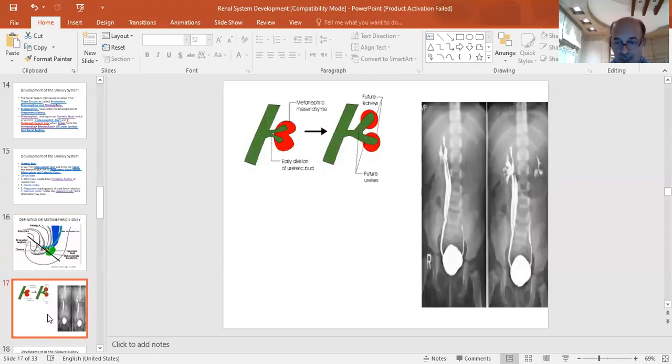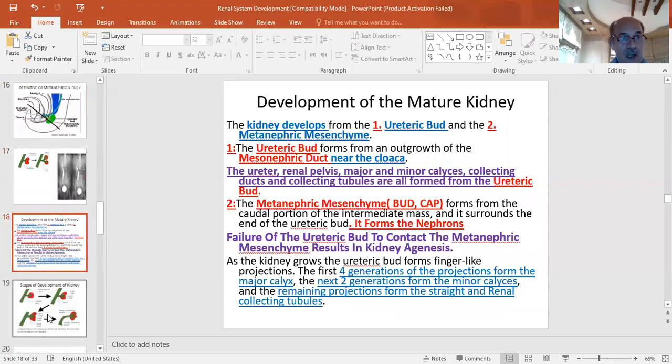Okay, I will explain these figures in a while. All right. Even the ureteric bud, that's the first to arise, and the metanephric mesenchyme. So we have two parts, the ureteric bud and the metanephric mesenchyme. The ureteric bud, like I said, gives rise to the conductive duct, ureter, renal pelvis, major calyces, minor calyces, and collecting duct.